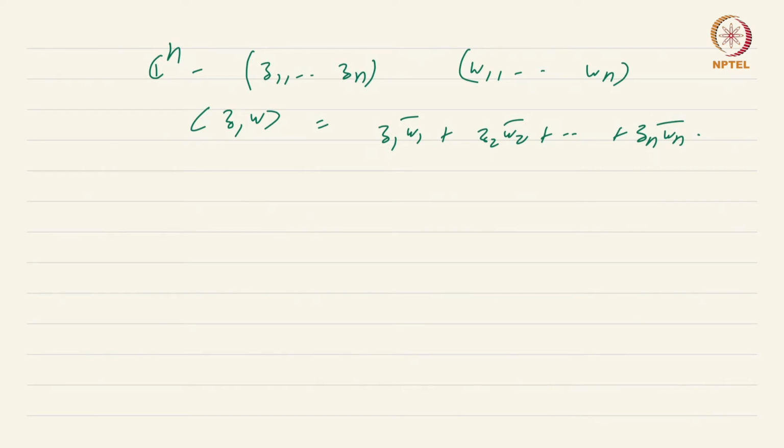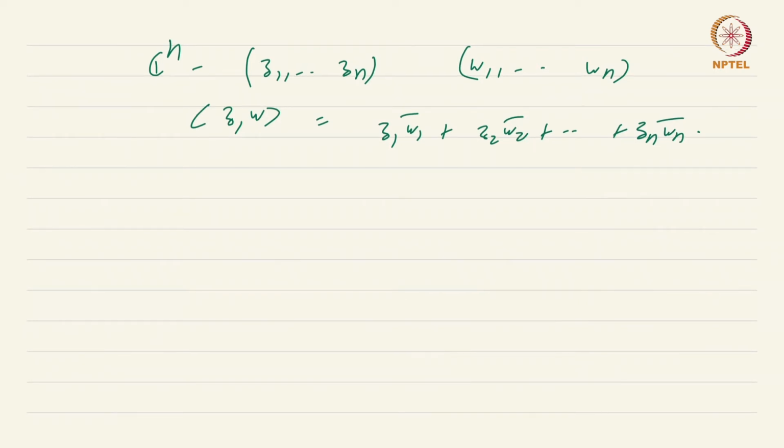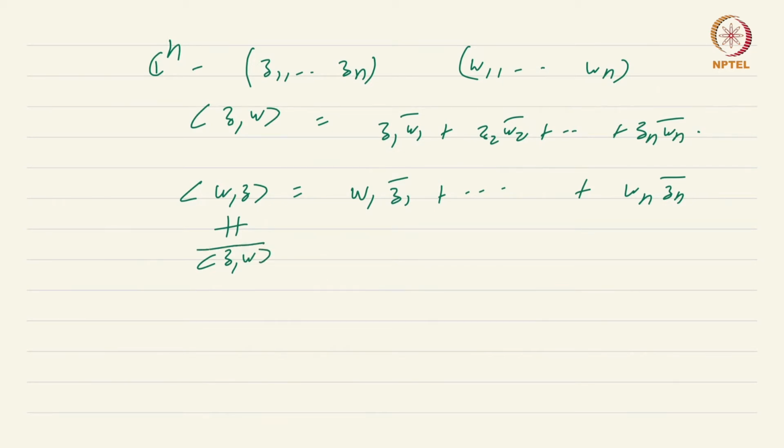Now observe that for this standard inner product, when you interchange the role of w and z, what you get is w1 z1 conjugate plus dot dot dot wn zn conjugate, which is not quite equal to the inner product (z, w), but rather equal to its conjugate.